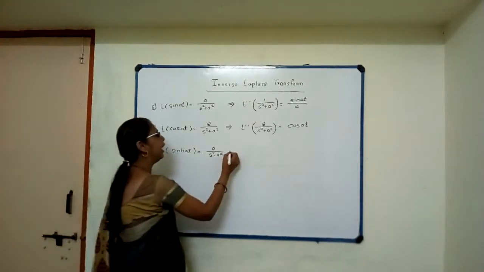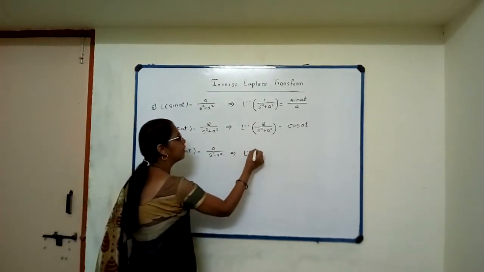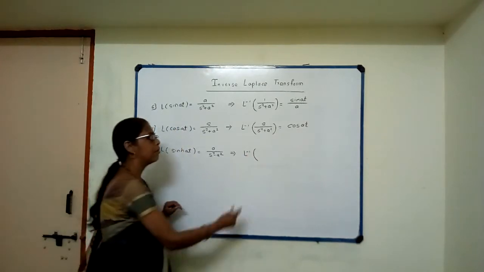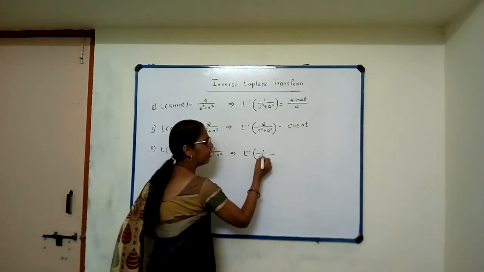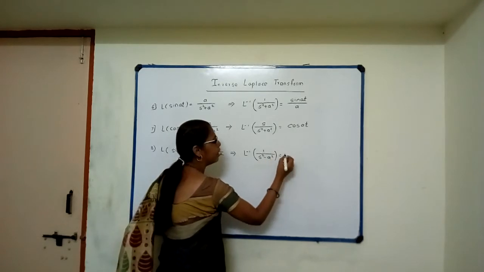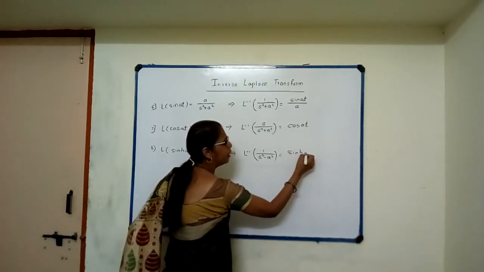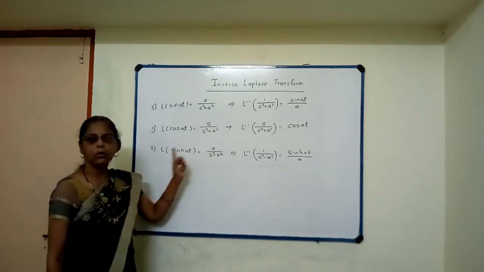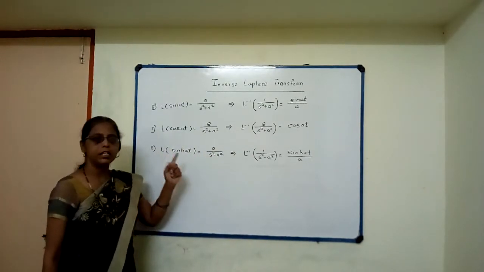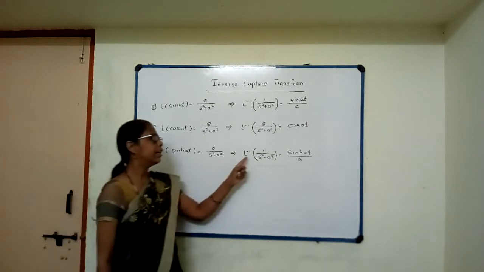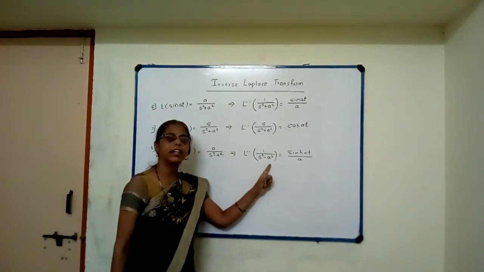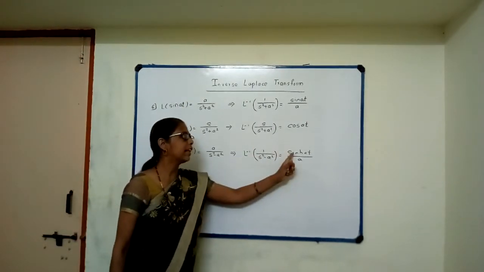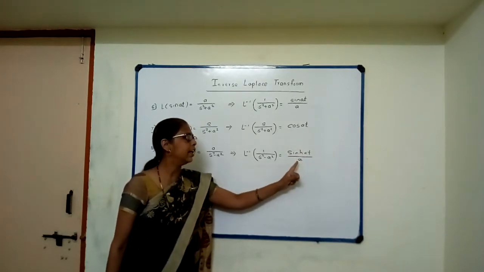So we get eighth formula for Laplace inverse is Laplace inverse of 1 upon s square minus a square is equal to hyperbolic sin at divided by a. Taking this a to left hand side which becomes divided by. If there is 1 upon s square minus a square then its Laplace inverse is hyperbolic sin at upon a.